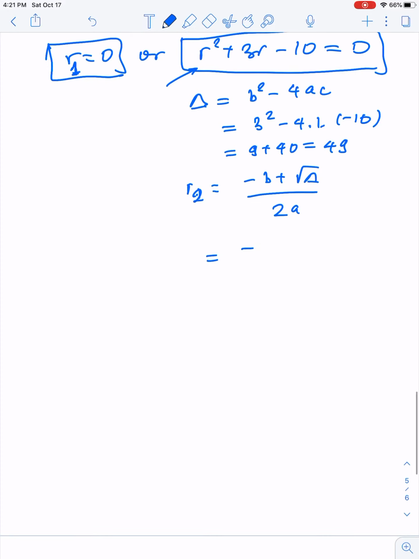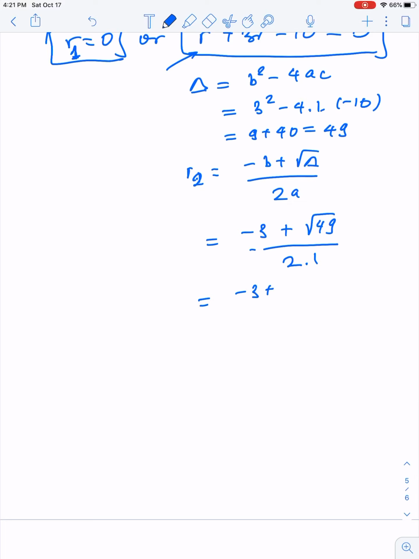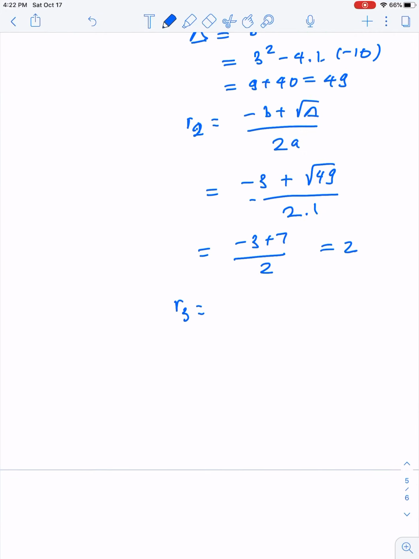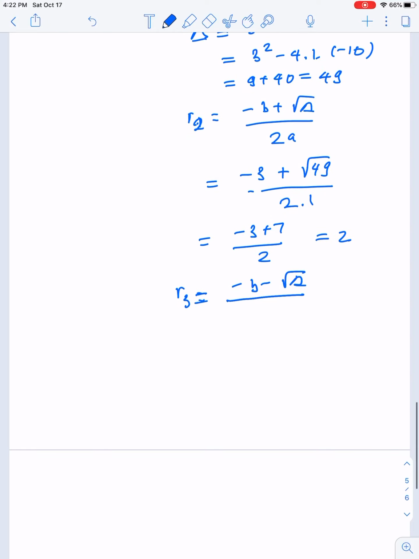And minus b is minus 3 plus square root of 49 divided by 2 times a, which is 2 times 1, so minus 3 plus 7 divided by 2, and it just gives us 2. Okay, that's r2. And r3, which is minus b minus square root of delta divided by 2a, which is minus 3 minus square root of 49 divided by 2, minus 3 minus 7 divided by 2, and that gives minus 5.